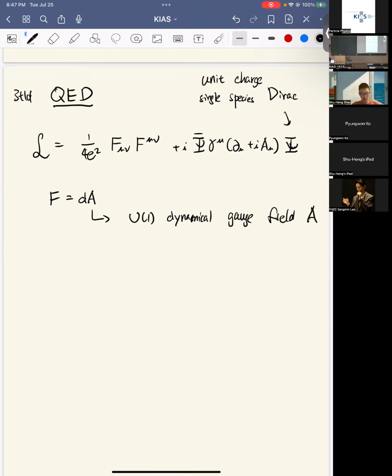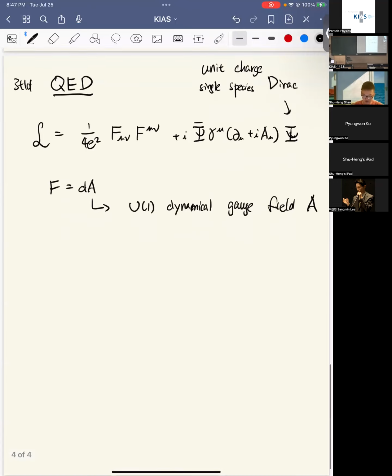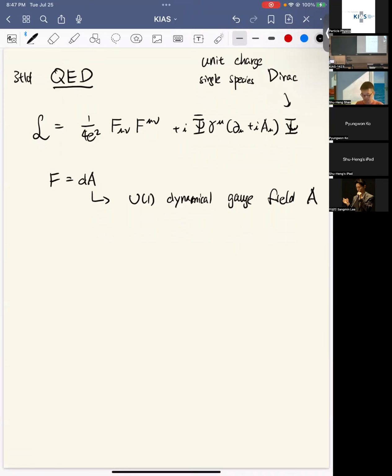All right. This is probably the 4th or 5th Lagrangian anyone has studied when taking a quantum field theory class. And I'm making a minimal assumption here. I just have one species of Dirac fermions with unit U1 gauge charge.